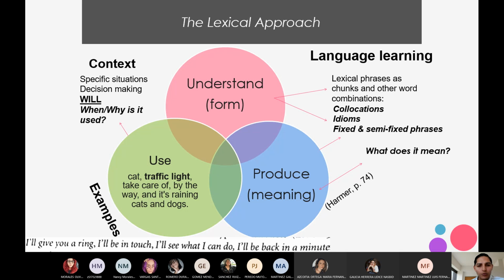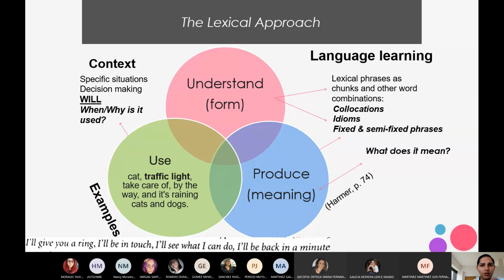A couple of examples for the use of words could be to learn in a compound manner the word traffic light, okay, rather than traffic and light in a separated fashion, or to learn to take care of rather than to learn the verb to take, or to learn the idiom "it's raining cats and dogs" rather than to learn cats and dogs in a separated fashion.